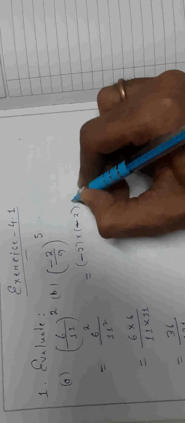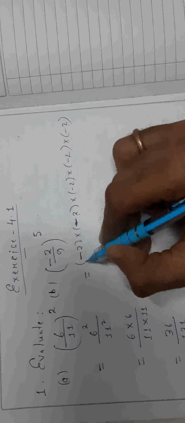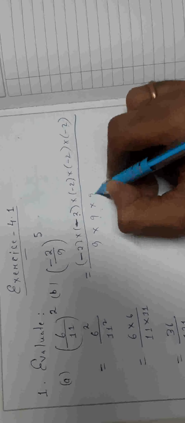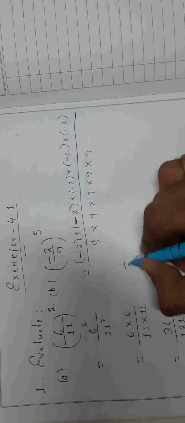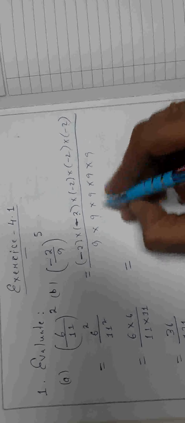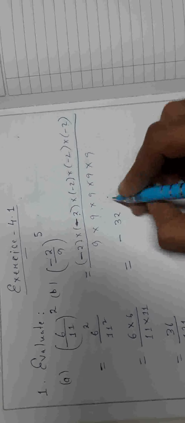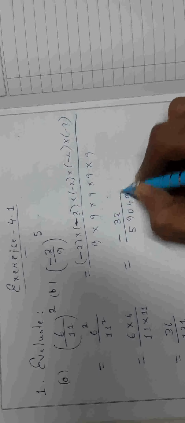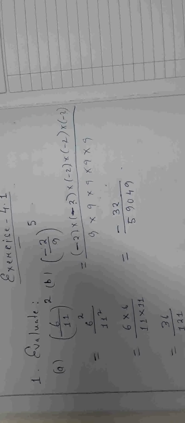So this can be written as minus 2 into minus 2, 5 times: 1, 2, 3, 4 and 5 times. Similarly 9 can be written 5 times. If we multiply 2 five times, the result is minus 32 by 59049. That is the second question.